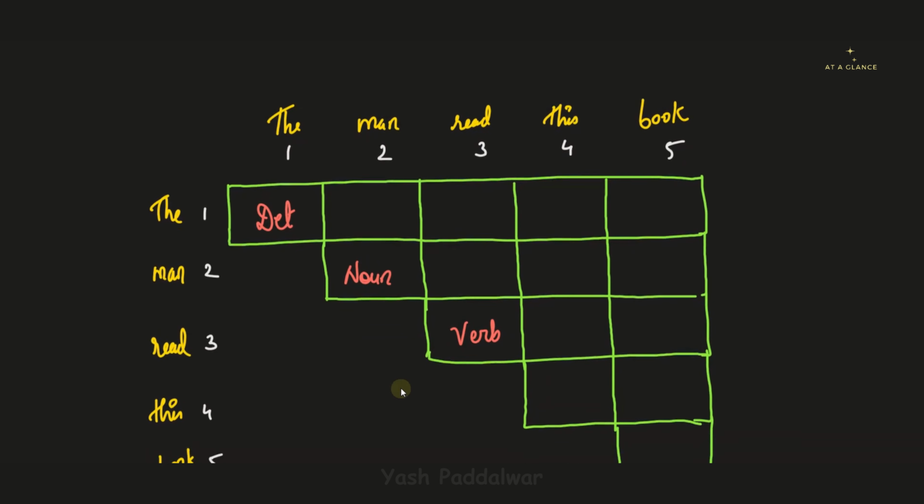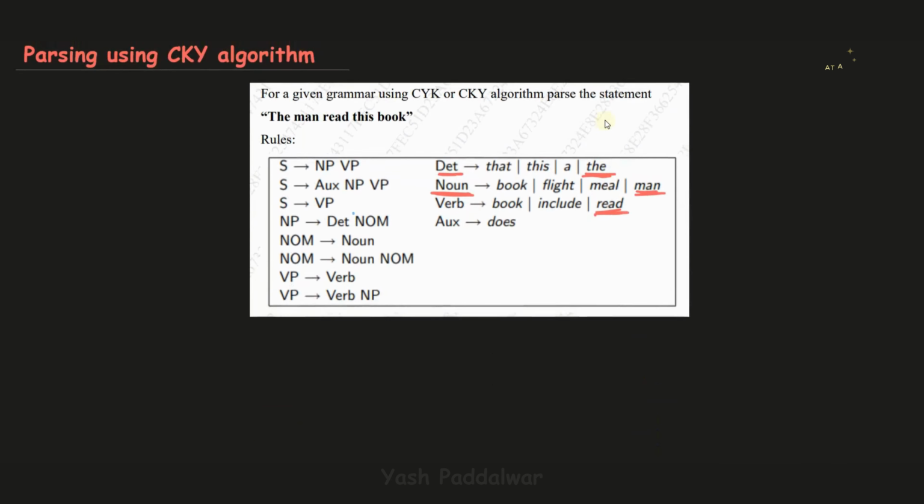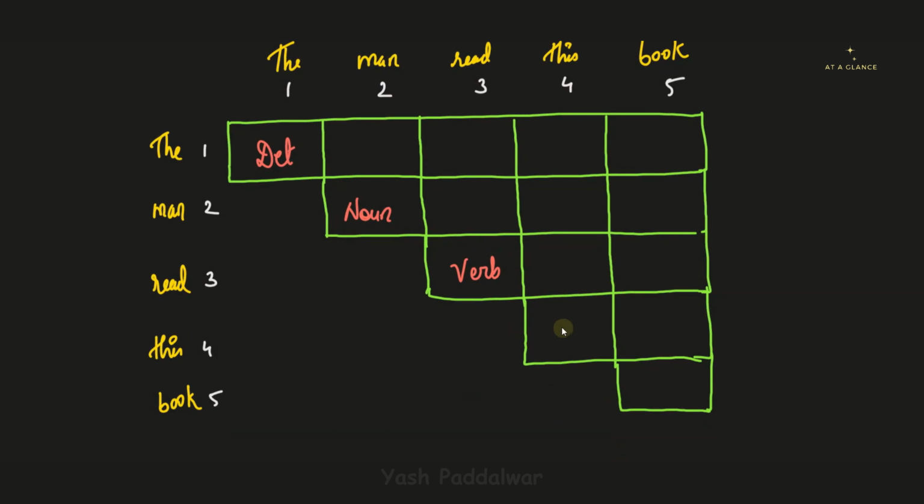After this, the word that comes is this. At location 4, comma 4, the word this comes. If you look at the grammar rules, the word this comes as a determiner. So again, we write DET in this location. Now, the fifth word is book at location 5, comma 5.